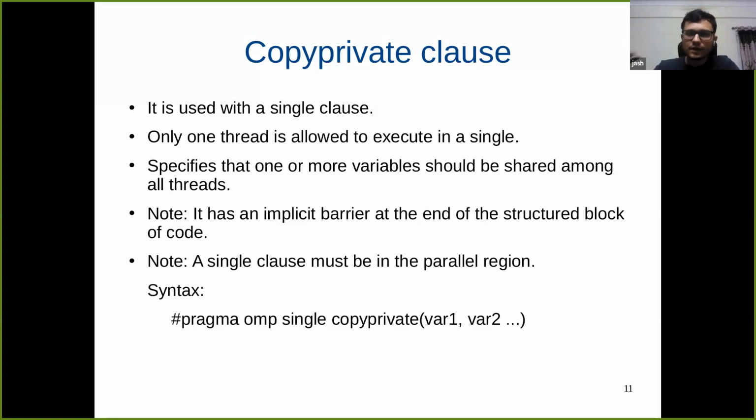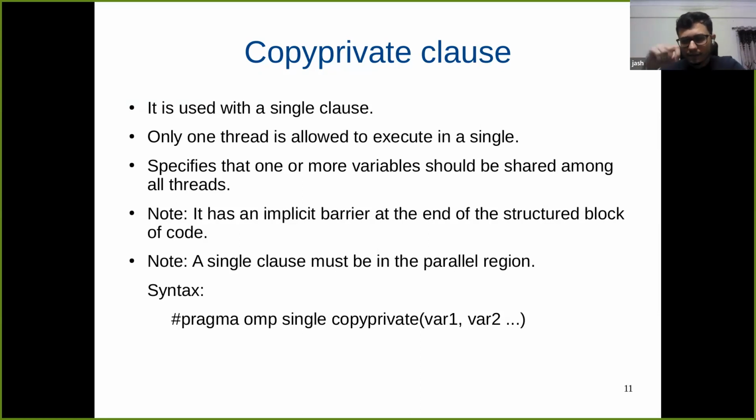The last clause that I wanted to discuss was this copyprivate clause. This copyprivate clause is basically used with the single clause that we saw in the previous session. What single ensures is that only one thread will execute the single section, or the structured block of code that follows that single clause, right?